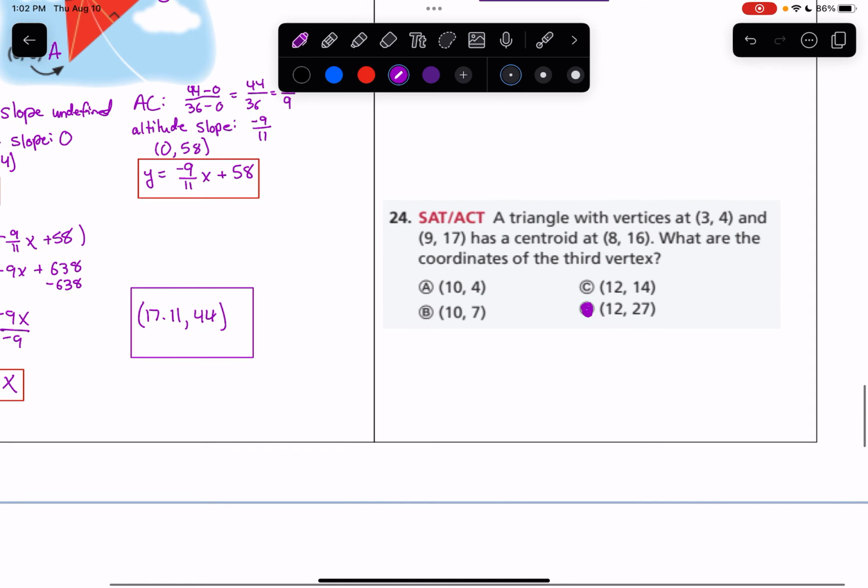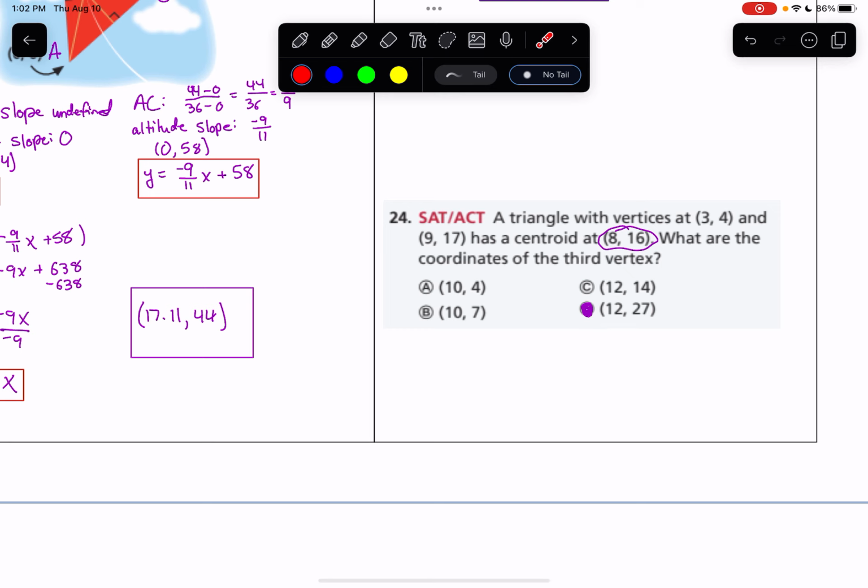The other way to do this, by the way, if you're like, that was not an explanation, is to notice that out of these options, we need to make a triangle when you plot this on a graph where the centroid is inside of the triangle. The only coordinate point of a third vertex that would make the centroid land inside of the triangle is 12, 27.